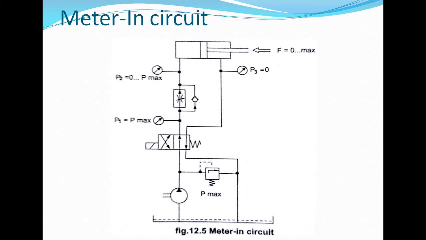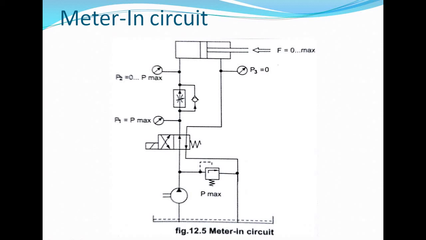So these are the flow lines, or you can see here the forward or pressurized line, then this return line. This is the hydraulic pump which is connected to a motor. This is the pressure relief valve.